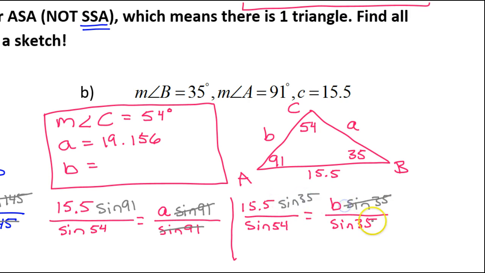These will cancel each other out, and that's going to give me side B. So I'm just going to put this entire expression in my calculator all at once. That's going to give me 10.989 for side B. And there we have solved this triangle.